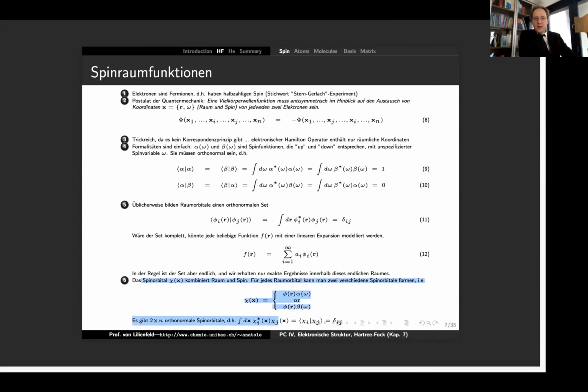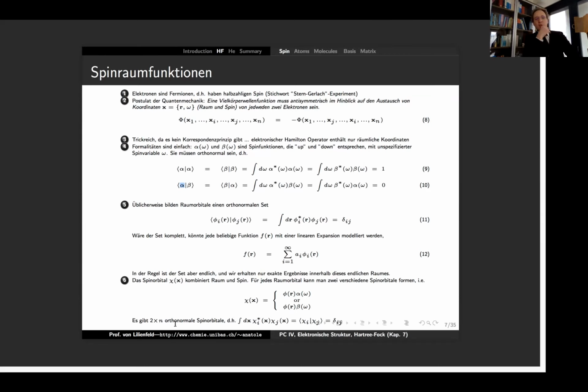And now if we define a spin orbital, then we can combine space and spin into one function, right? So basically you form the product of your phi in space with your alpha or your beta. So if alpha is up, then it's your up electron, and if it's beta, then it's down.